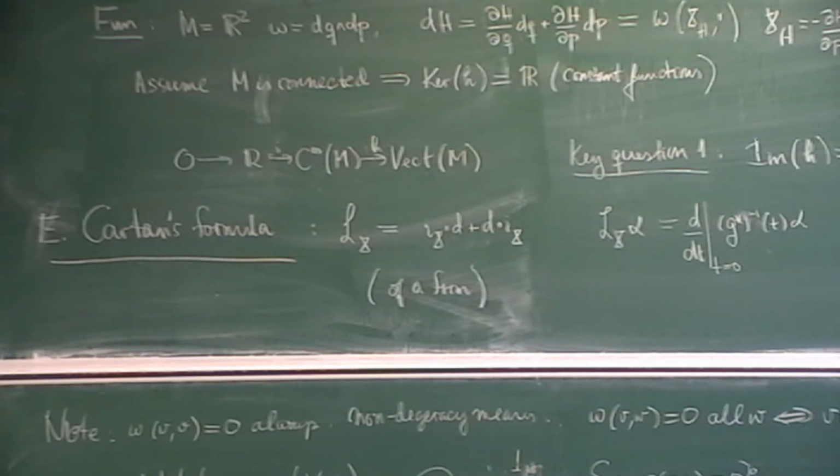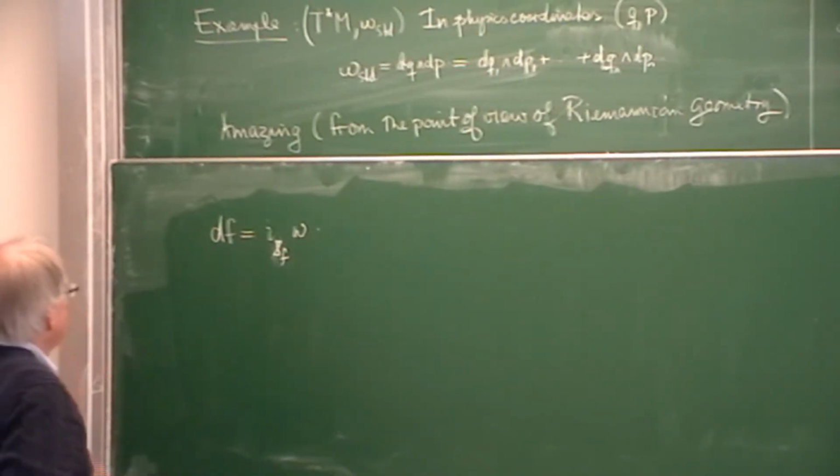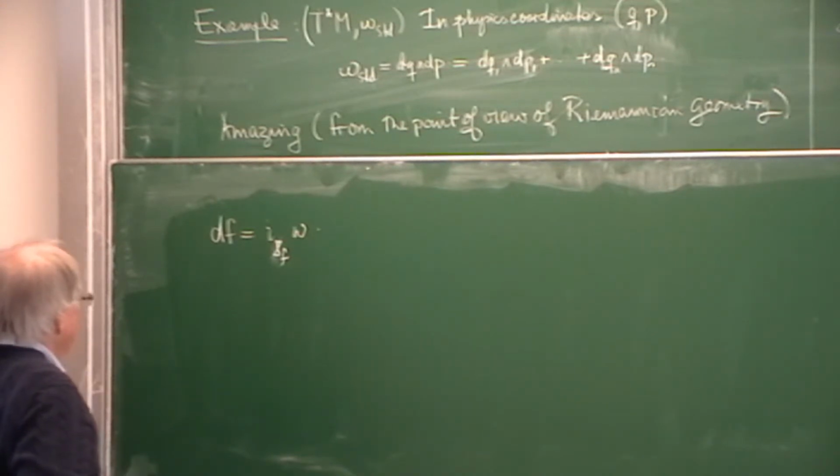So df equals the contraction of X_f with omega.